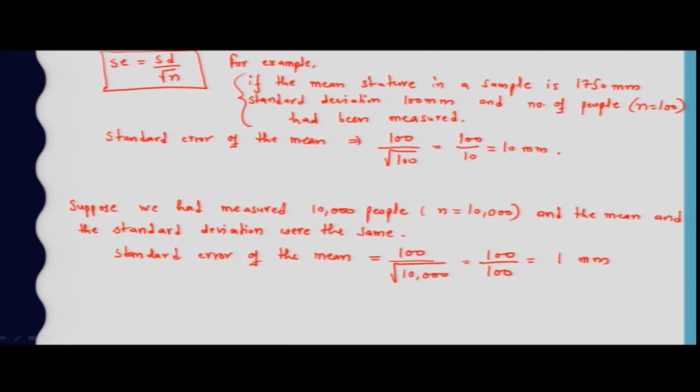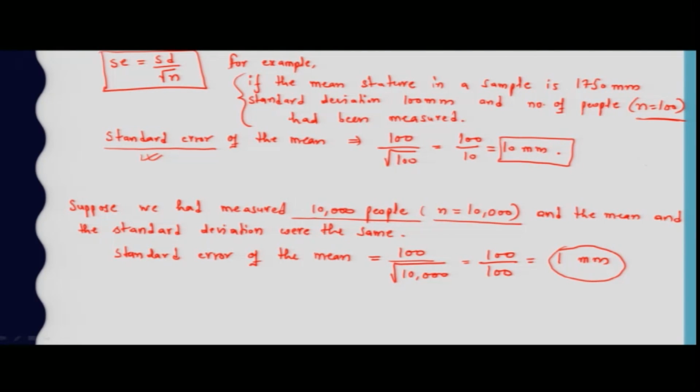As you can see, if the number of people involved is 100, the standard error is 10 mm, and if the number of people in the survey is as many as 10,000, that is n equals 10,000, standard error is minimized to 1 mm. So, you can predict from these two examples that the more individuals involved in a particular survey, the lesser will be the standard error.